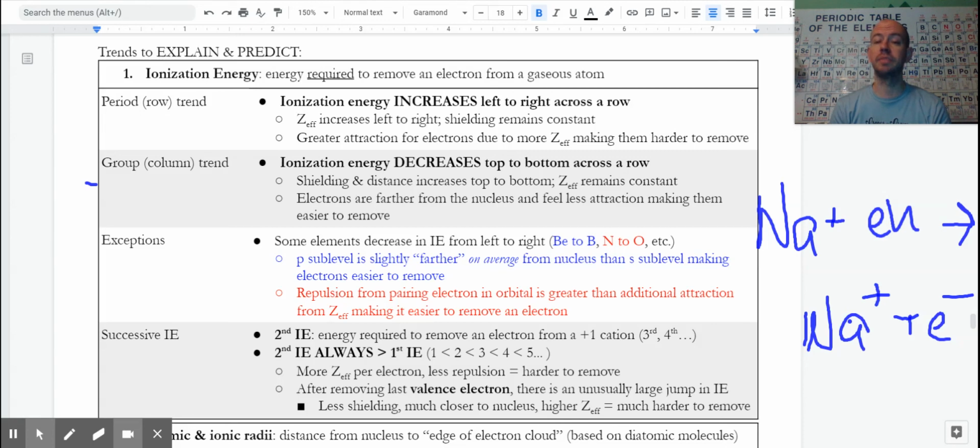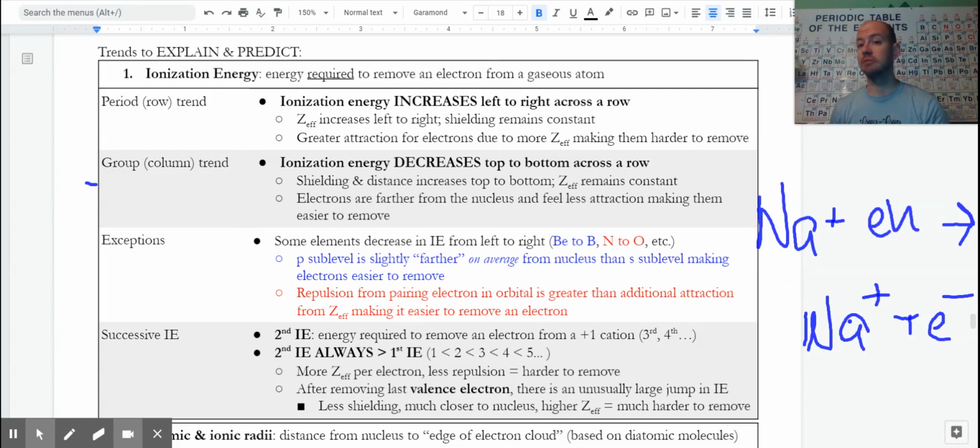For magnesium, taking one electron is slightly higher, 700-ish. Taking 2 electrons is about 1,400-ish, about double that. But once you want to get that next electron, so we take 1, 2 valence, to take the third, which is in a lower energy level, we're going from 700, 1,400 up to 7,000 to 8,000.